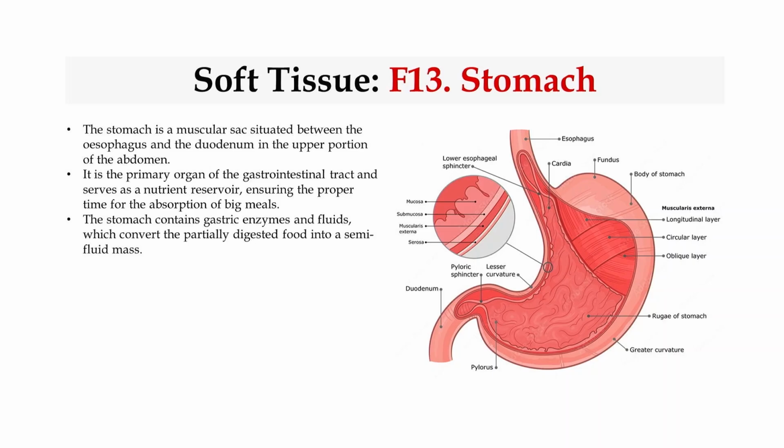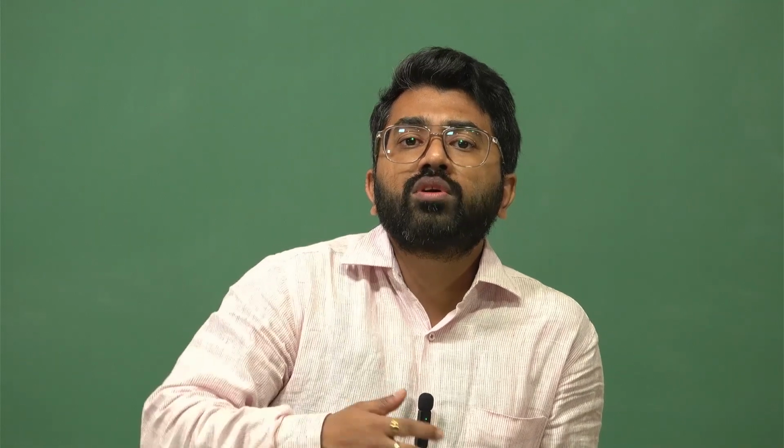And it's in between. It is the primary organ of the gastrointestinal tract, right? And it serves as a nutrient reservoir, ensuring the proper time for the absorption of big meals, right? Whenever you're taking big meals, there has to be proper absorption of the food to make sure all the essential nutrients can be taken out and provided to the body to function rightly.